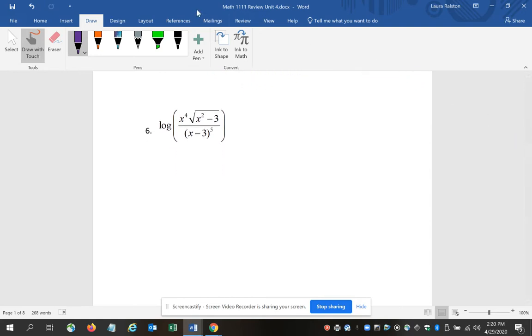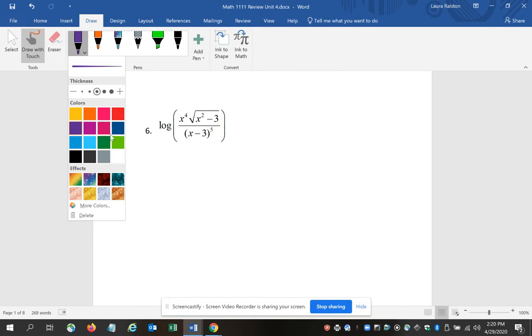And then number 6. Number 6 is the common log, or log, of x to the fourth times the square root of x squared minus 3, all divided by the quantity x minus 3 to the fifth. Again, initially I notice in my argument that I have division.